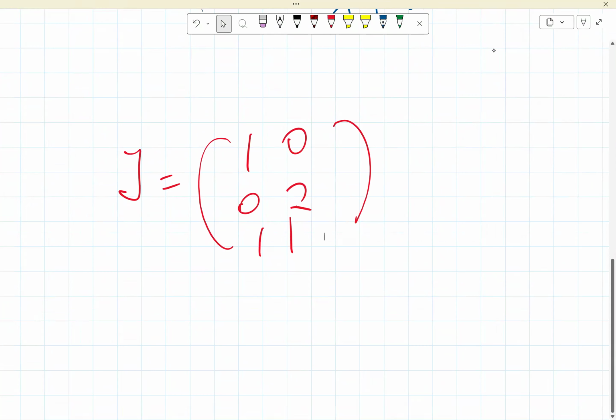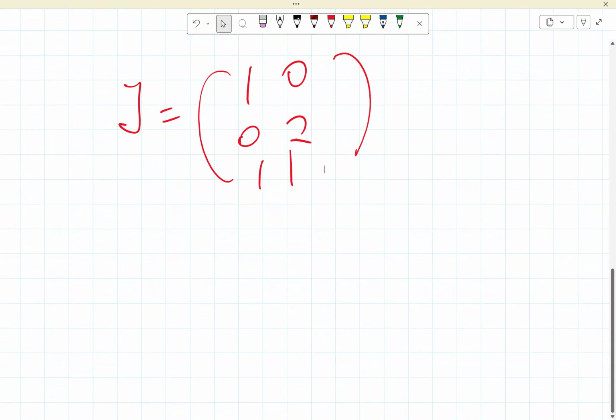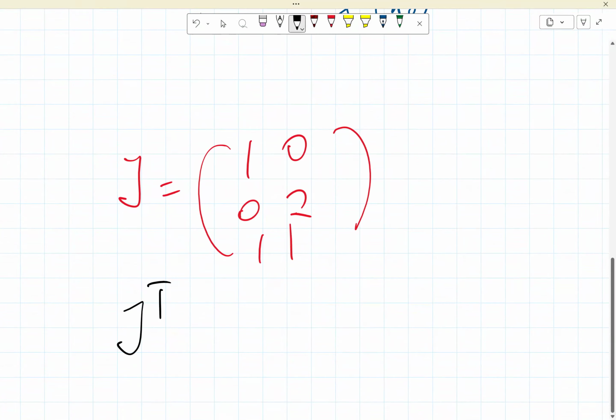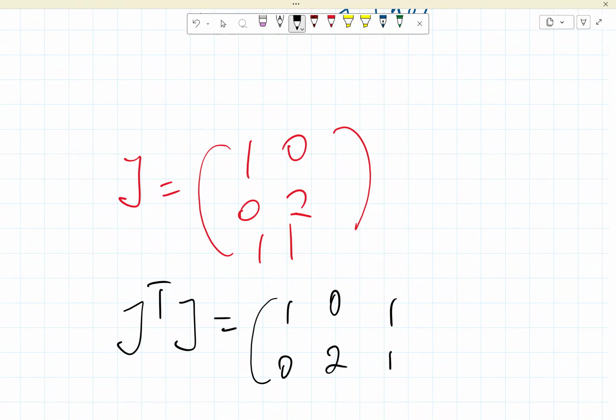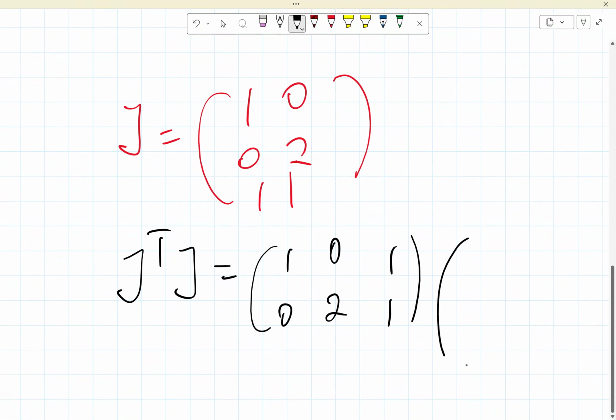To compute J transpose J, we transpose this, so rows become columns: row 1 becomes column 1, row 2 becomes column 2, row 3 becomes column 3. And then J itself, we have [[1, 0], [0, 2], [1, 1]].